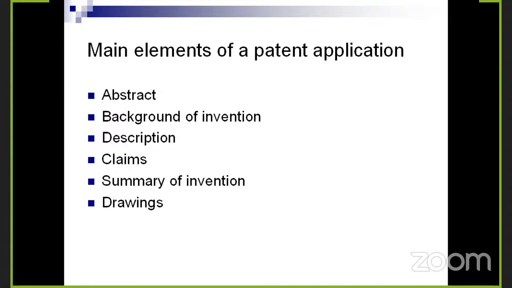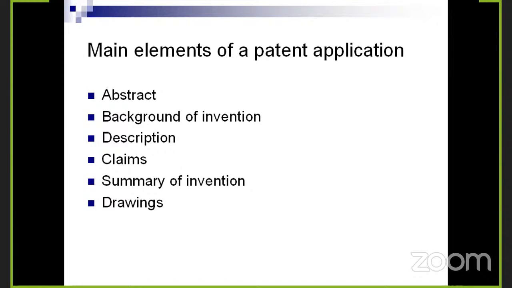Now the next section is the background of invention. Excuse me, ma'am, in the abstract, is there any limitation on the number of words or sentences that has to be used? Generally, it needs to be small.